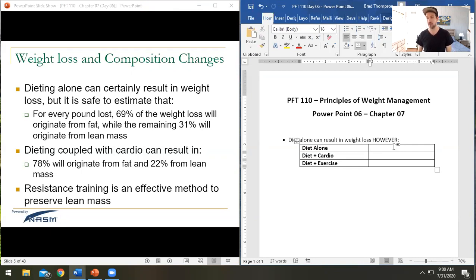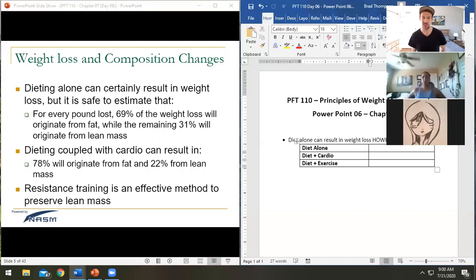That'll happen sometimes. This is why, if you ever want to throw off a body fat percentage scale, I had a student doing a weight loss challenge, and they asked, hey, how can I boost my chances here?